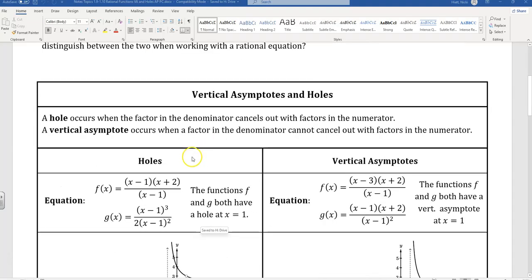Okay, so down here in this little chart, it says a hole occurs when the factor in the denominator cancels out with the factors in the numerator. What's happening there is you have what would be a 0, but then we're saying, no, that can't be the actual value, so it cancels each other out, and you have a hole at that point.